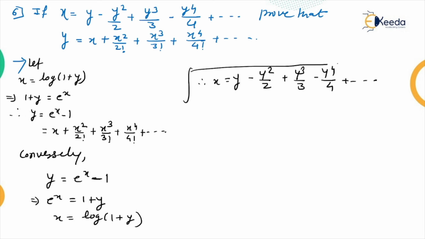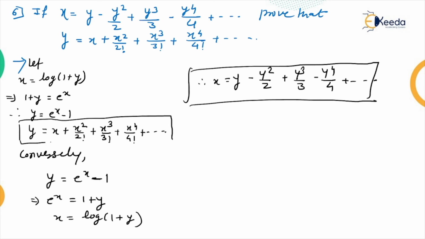So conversely we get two results: y in terms of x, and x in terms of y. Hence the proof. So this is all about the Maclaurin series expansion of the given series.